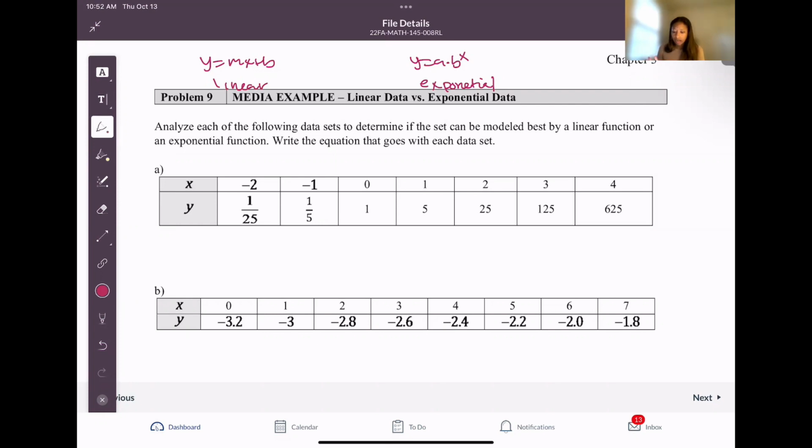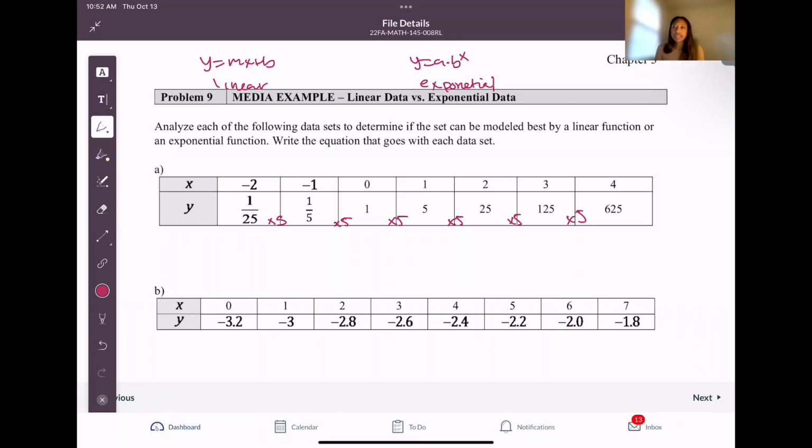Like here, I can tell if I go from 1 to 5, and then from 5 to 25, and then 25 to 125, it looks like I'm multiplying by 5. And we are. So if you visually see this, you can see that this is times 5, times 5, times 5, times 5, times 5, times 5. If you recognize that, cool.